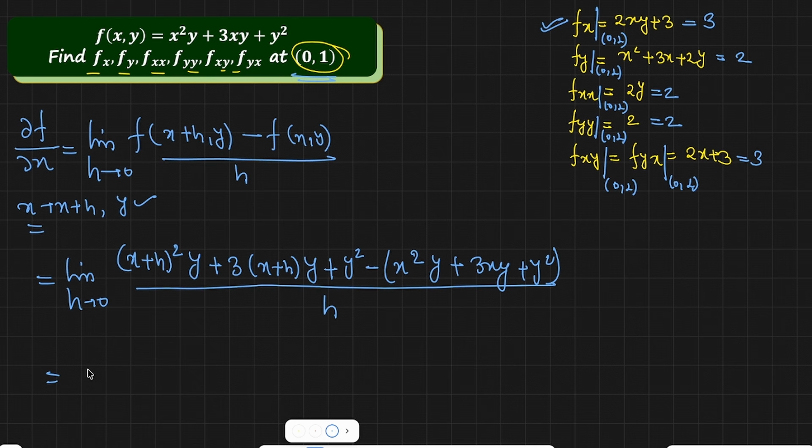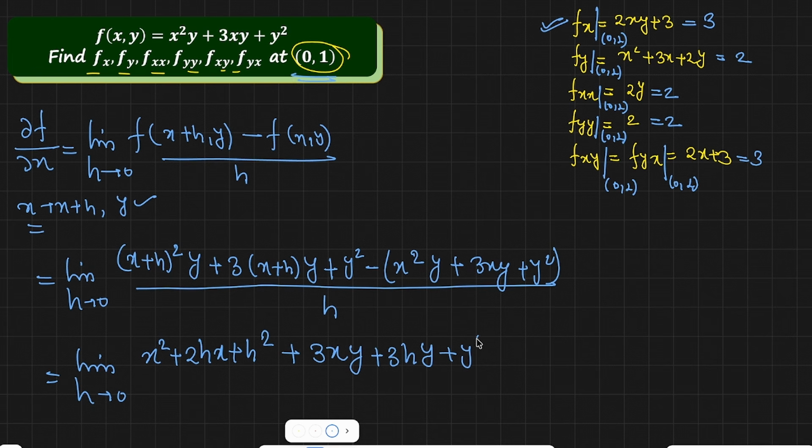Now solve this. You will get the limit as h tends to 0 of x square plus 2hx plus h square, plus 3xy plus 3hy plus y square, minus x square y minus 3xy minus y square.